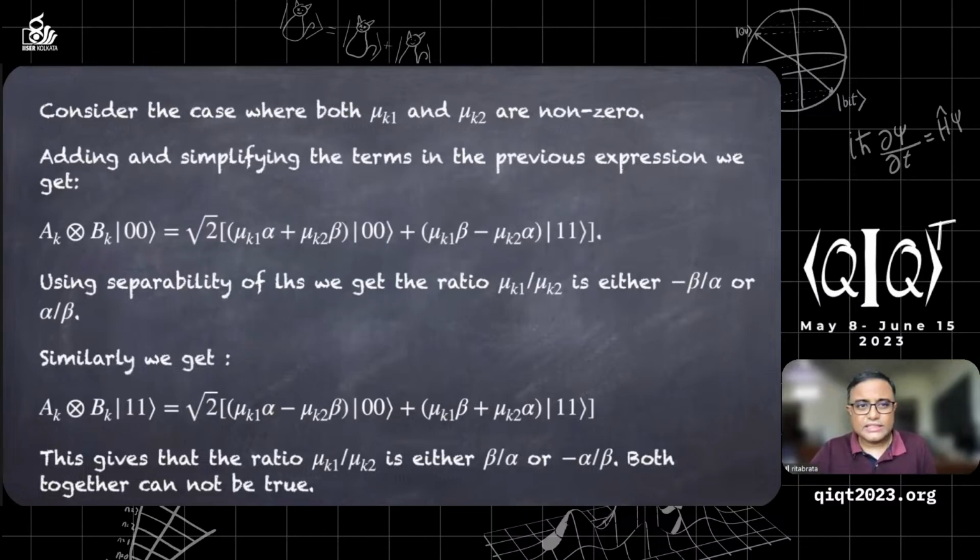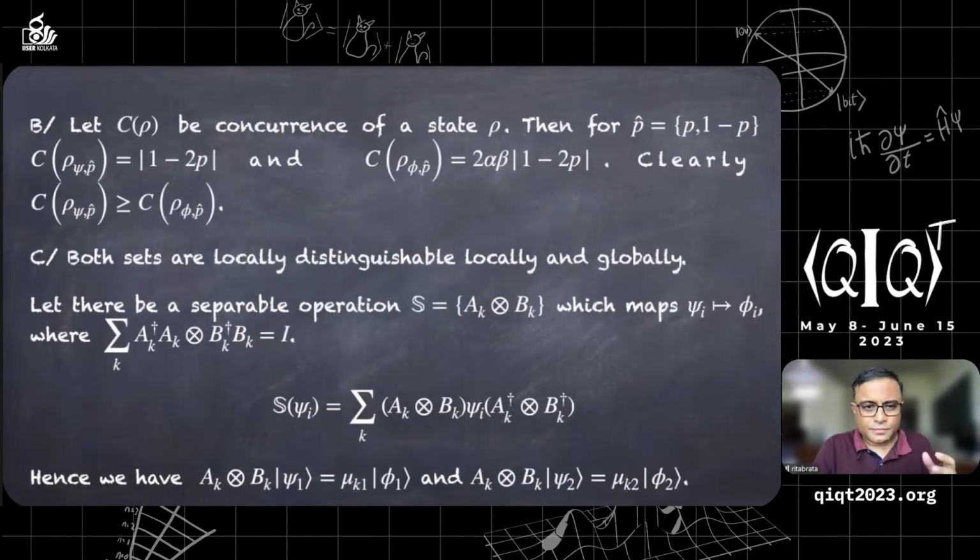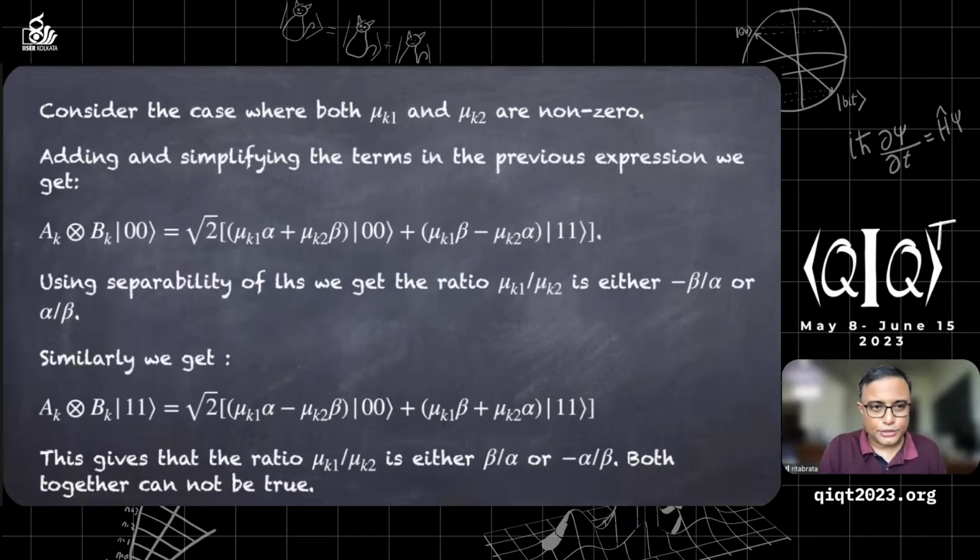Now, you consider the case where both mu_k1 and mu_k2 are non-zero. You put the psi values, actually psi 1 and psi 2, they are the vectors, and then you are taking the projections.